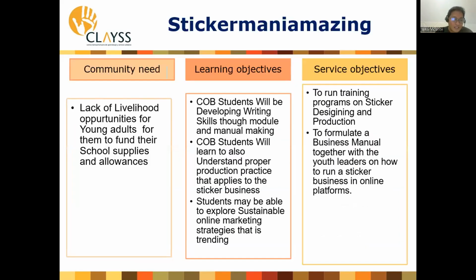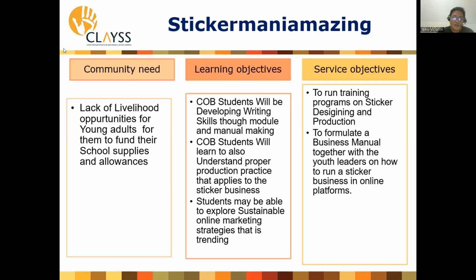The community need that we have is specifically in the city of Manila. The sector is the youth, the young adults in poor communities in Manila. They lack livelihood opportunities, and therefore they cannot fund their school supplies and school allowances.